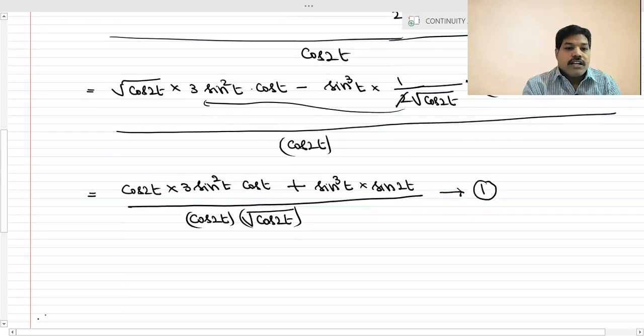So next, what is the given value? See, students, given y is equal to cos cube t by root cos 2t. What is the y value, students?